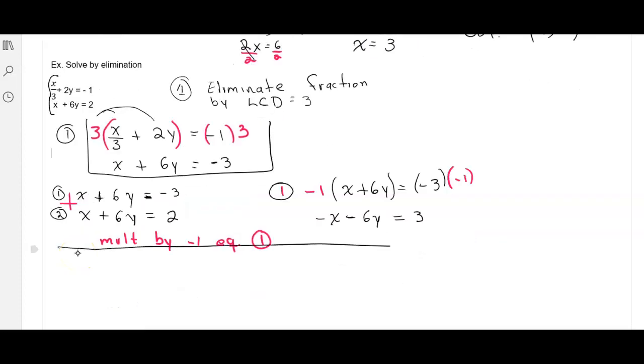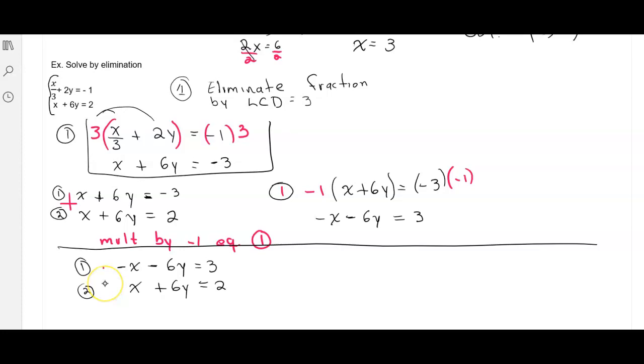Now I'm going to put both of these two together. My first equation becomes negative x minus 6y equals 3. My second equation is positive x plus 6y equals 2.